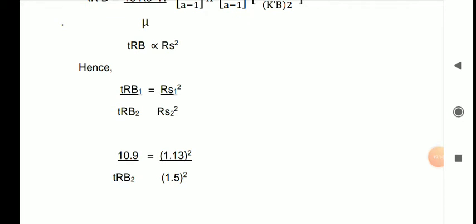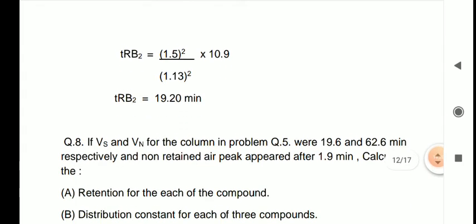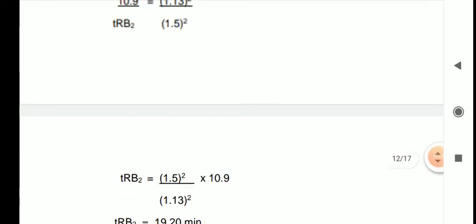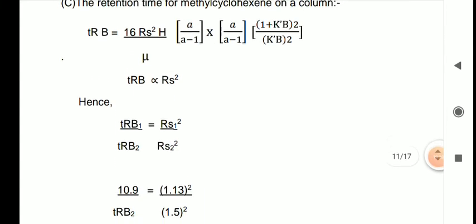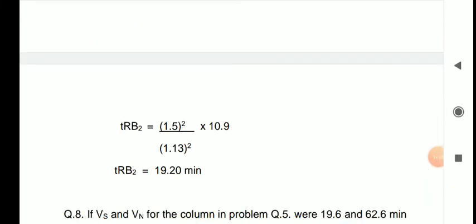The resolution we calculated for the actual data is 1.143. But if you want a resolution of 1.5, what will be the time for separation? That will be TRB2, so that you can calculate. You will get the answer as 19.2. So the TRB value increases from 10.9 to 19.2. We substitute the value there and calculated it.